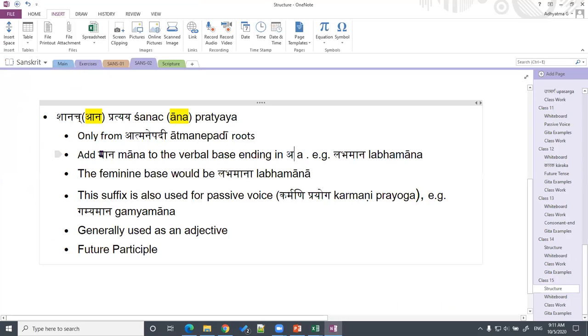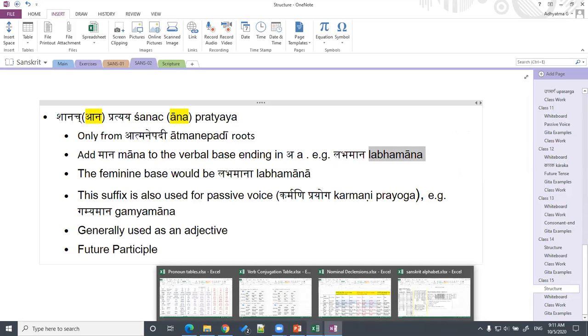So for our purpose, you will find that we are adding mana, but the actual suffix is ana, and there are other roots where the verbal base does not end in akara. Therefore, you add ana, not mana. An example is labhamana, from labhate. That's how you make the participle.